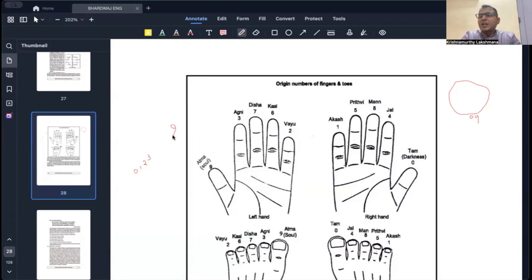What should be the criteria based on which I can allocate? Any meaningful idea? Smallest number for smallest finger, except 0. Yes, based on the height of the finger, we can allocate the numbers. Makes sense, right? A smaller finger will get a smaller number, and a taller or longer finger will get a bigger number.